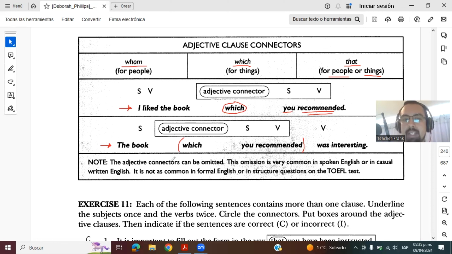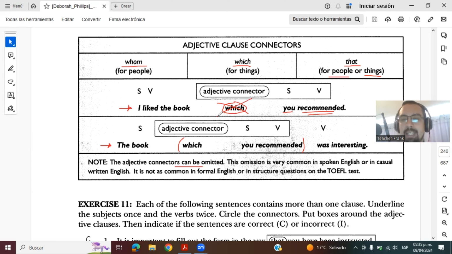So here it says the adjective connectors can be omitted. The omission is very common in spoken English or in casual writing. It is not as common in formal English or in the structured questions of the TOEFL test. So here I could say something like, for example, I like the book you recommended, and eliminate the connector, which we're going to see later on in more advanced grammar, where we can omit these connectors.